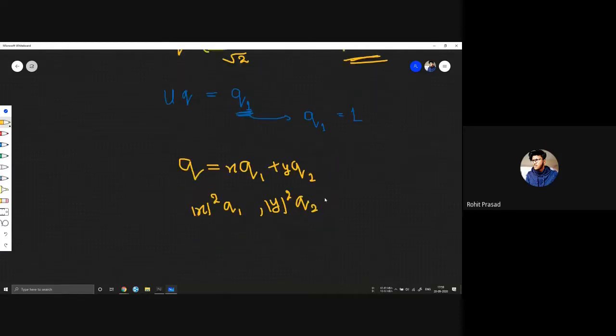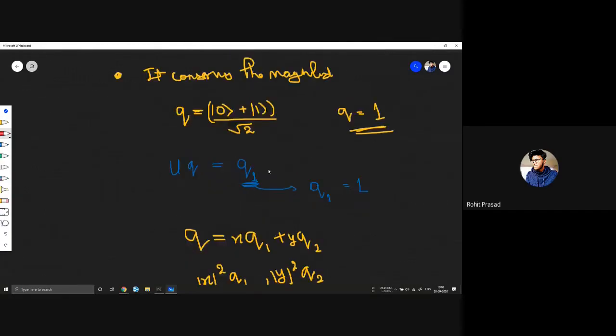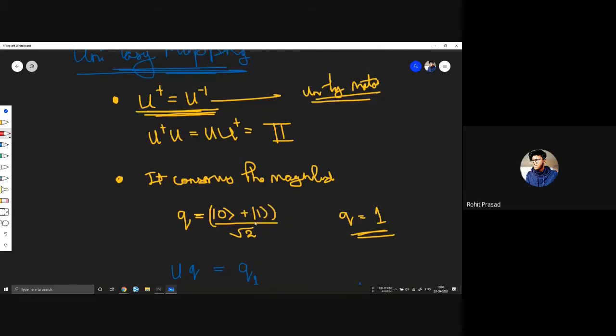If we do a transformation of this using this unitary transformation, and q1 comes to be q1 dash, then q1 dash will also have x mod square probability of being in the q1 state. So it conserves the magnitude of this state.